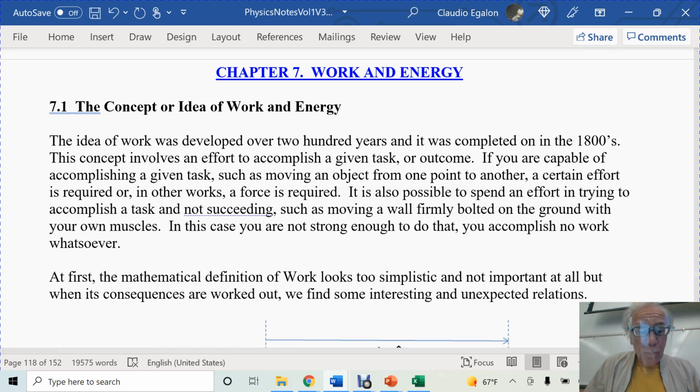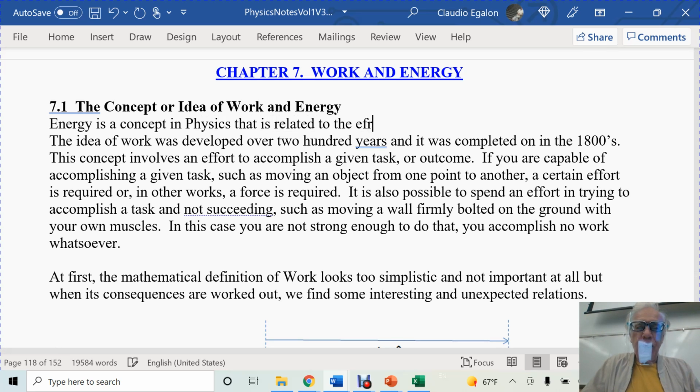Here you go. First, we start. It's easier to define energy first. Energy is a concept in physics that is related to the effort of doing a given task.